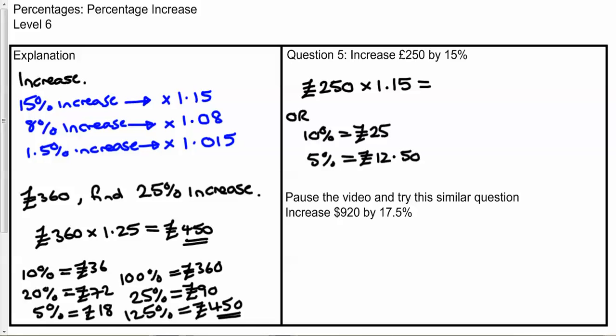If we add these two together, we get 37.50, and then what we need to do to get our new amount is add that onto our original 250. So if we add that onto 250, we get 287.50. And you should also find out that if you multiply 250 by 1.15, you will also get £287.50.